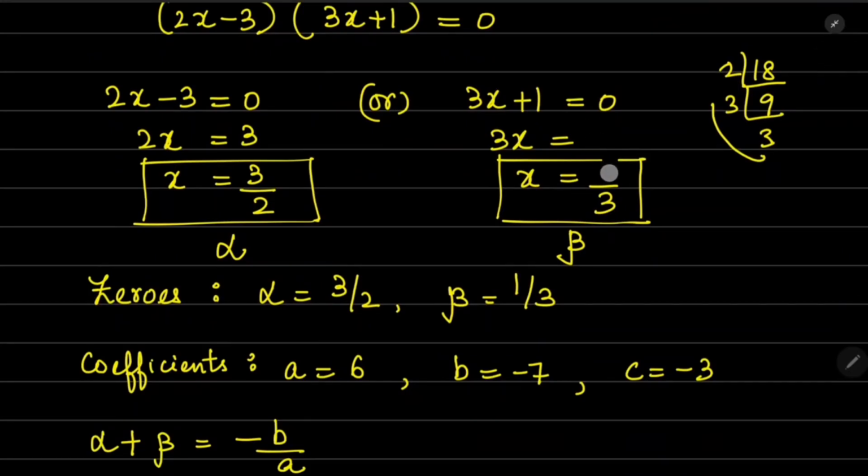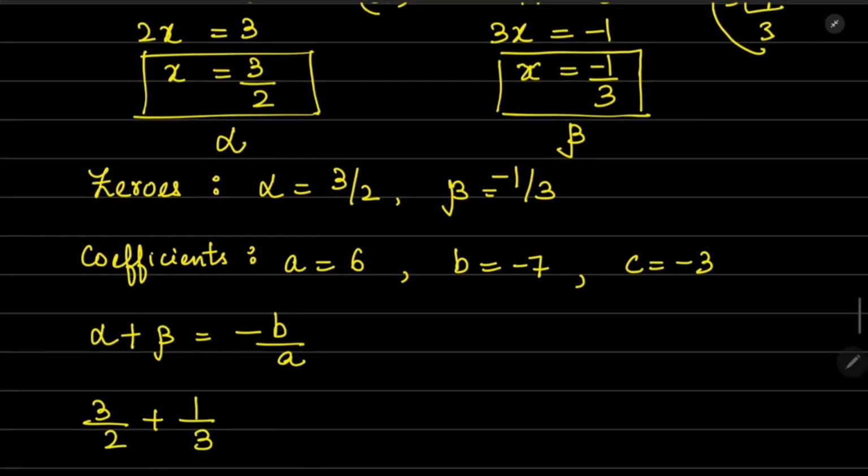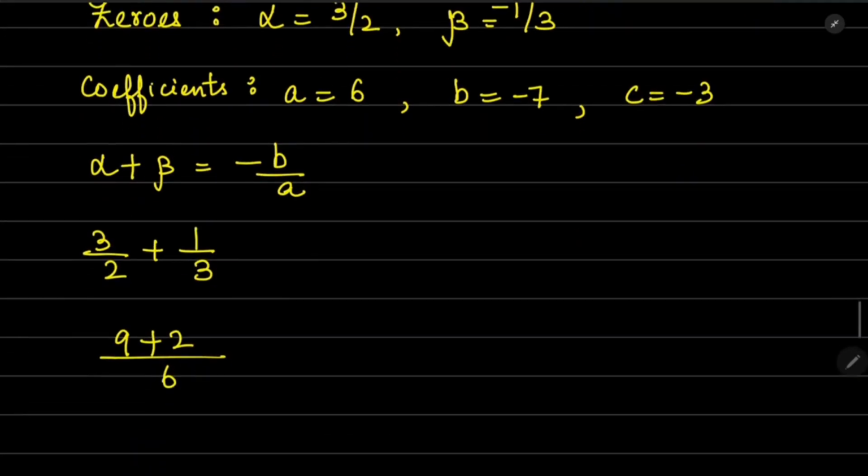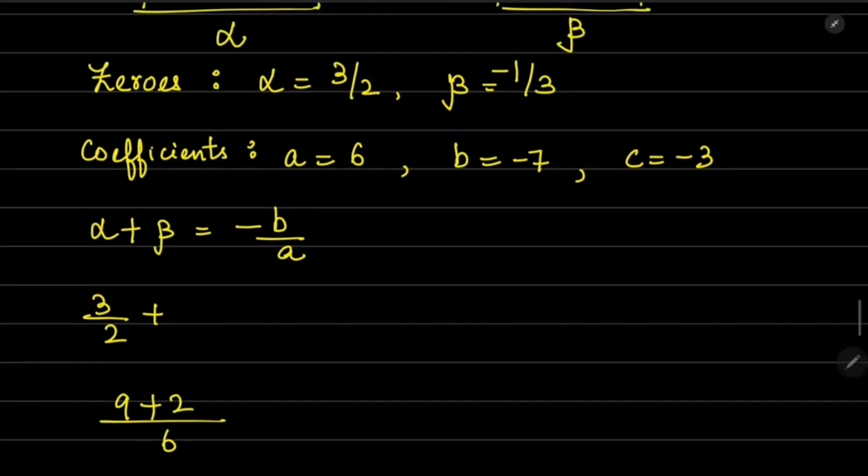Okay, so here a small correction to be made. So 3x equal to minus 1, or x is nothing but minus 1 by 3. Okay, so that is your beta value. So beta value is minus 1 by 3. Now let me do this correction here as well. So what is beta? It's not 1 by 3, it is minus 1 by 3.